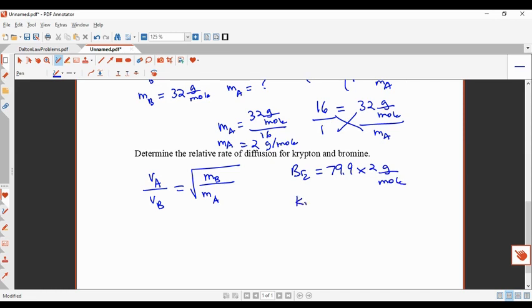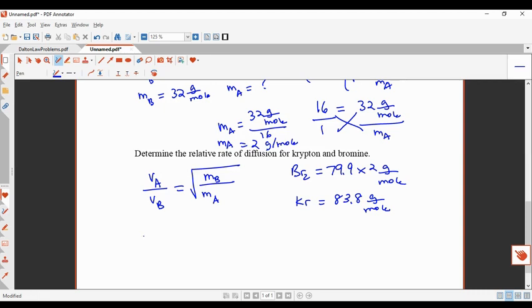And krypton has a molar mass of 83.8 grams per mole. So bromine is going to be a lot heavier, and it's going to be moving much more slowly than krypton.